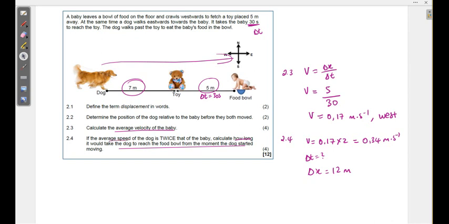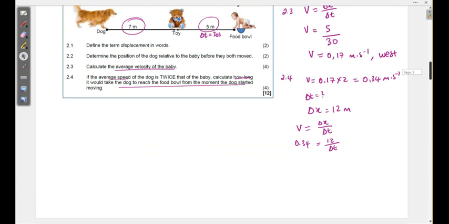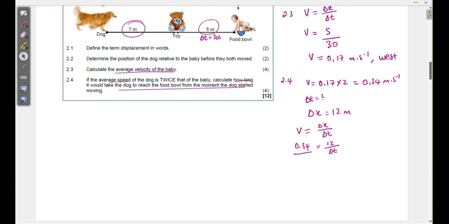So we say v is equal to change in x over change in time. The velocity is 0.34. The change in x is 12, and we're looking for the change in time. We can cross multiply. We have 12 is equal to 0.34 change in time, divided by 0.34.